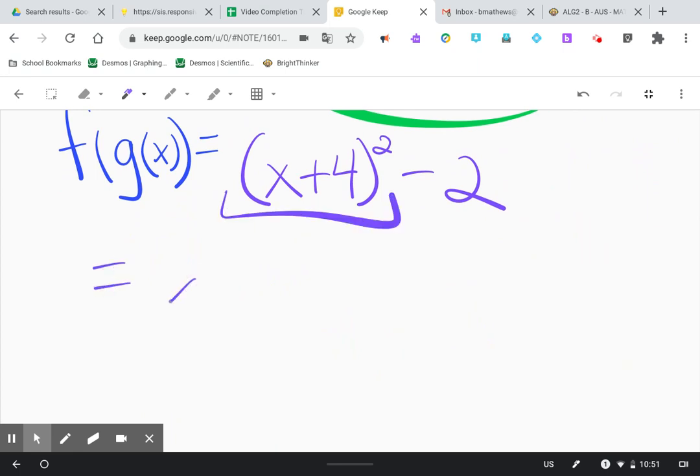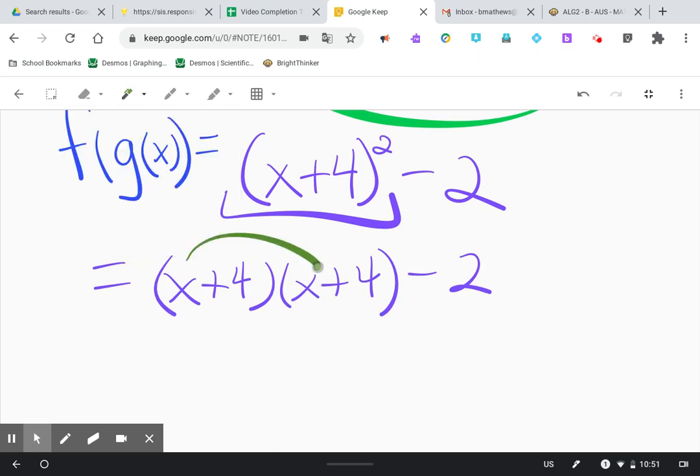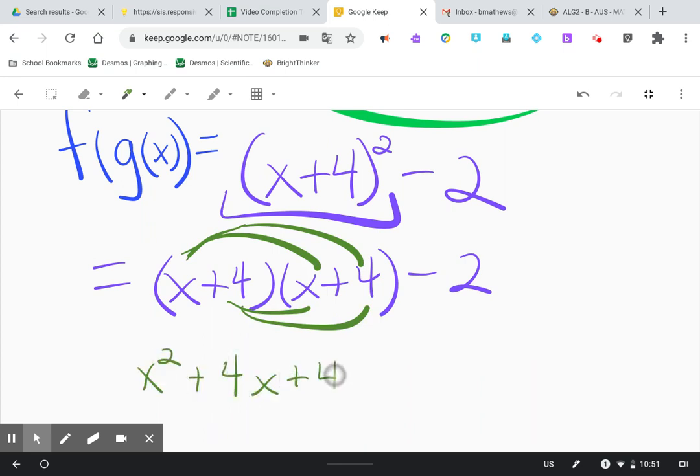This can be rewritten as x plus 4 times x plus 4, again minus 2. Then I have to do the FOIL method. So I'm going to multiply everything like this. I'm going to get x squared plus 4x plus 4x plus 16. You should know how to do FOIL.